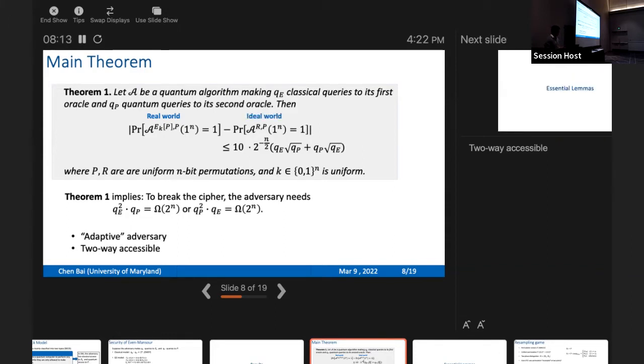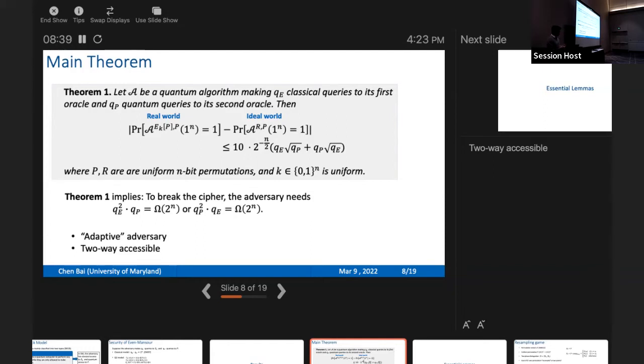Theorem 1 shows that for any attacker who wants to distinguish those two worlds with constant probability, the attacker needs either QE squared times QP or QP squared times QE to be at least 2^n. That implies any attacker needs at least 2^(n/3) queries to attack Even-Mansour ciphers successfully in the Q1 model.